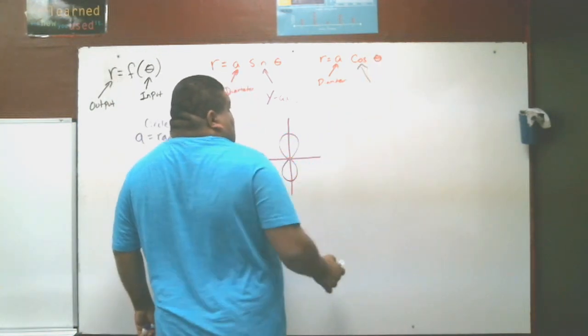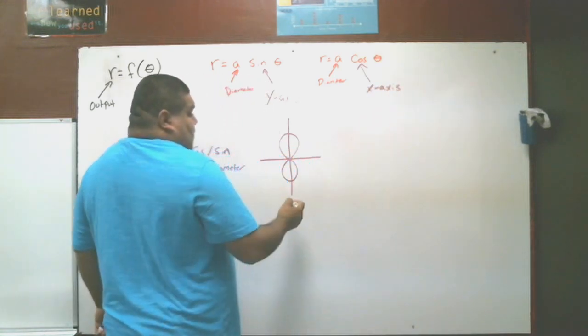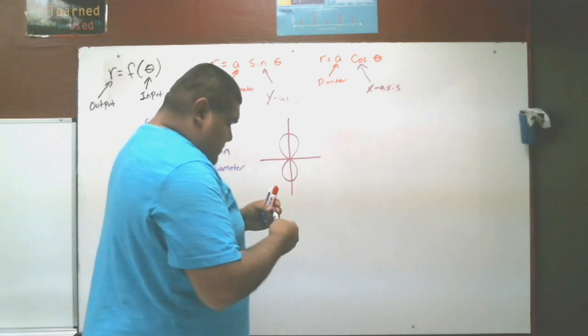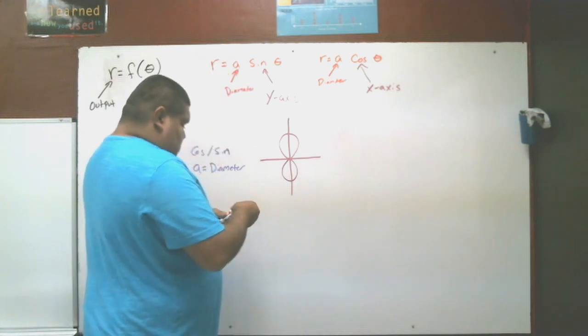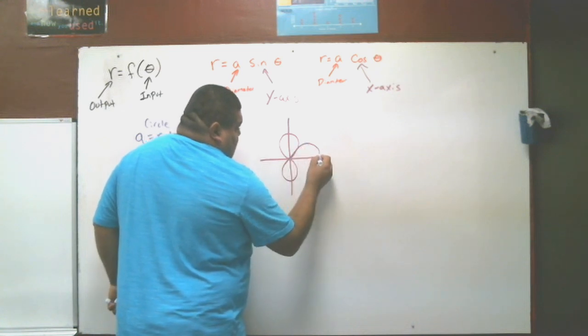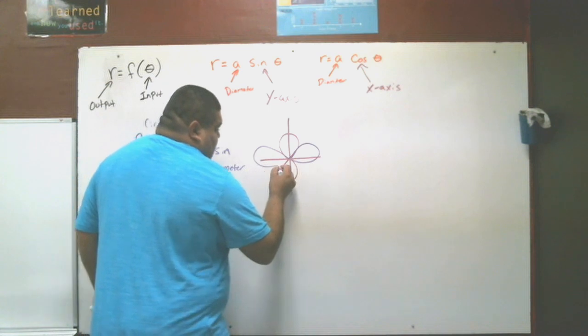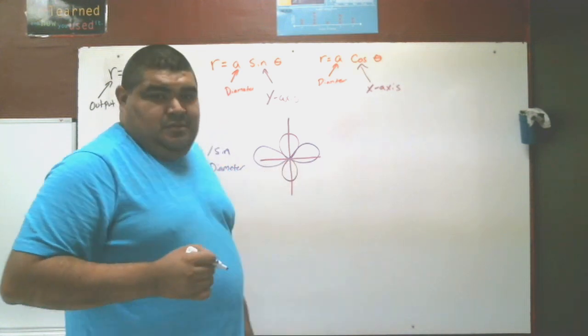For cosine, we have the x-axis, where we're going to go from our origin. Let's go with purple. We're going to go from the origin. It's going to open either right, or it's going to open left.